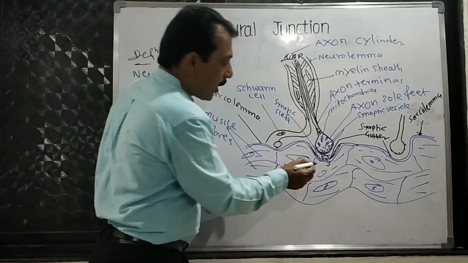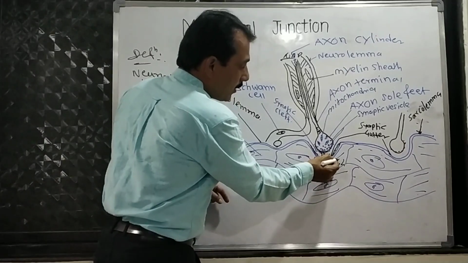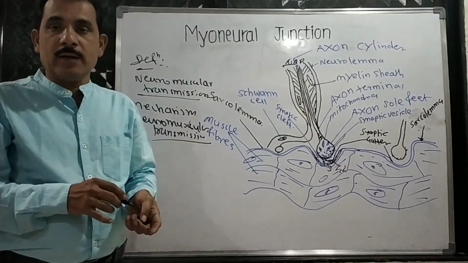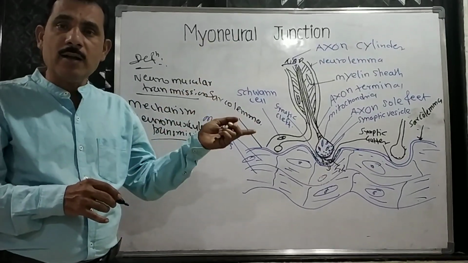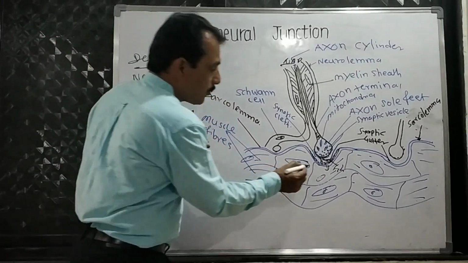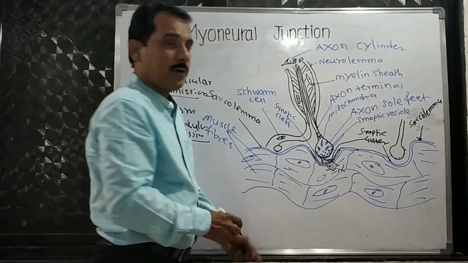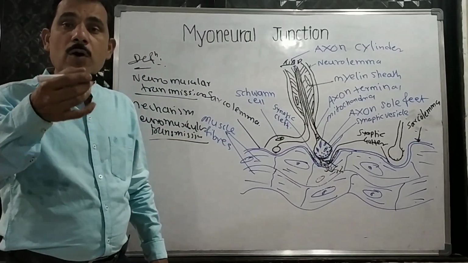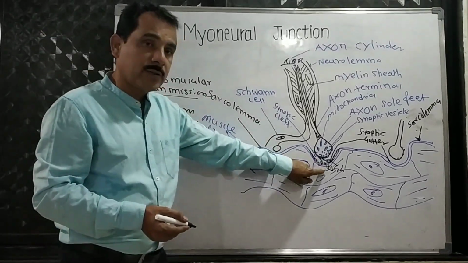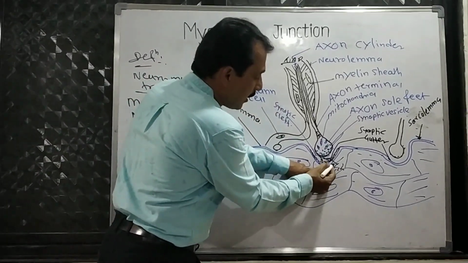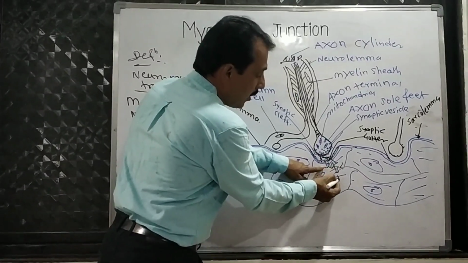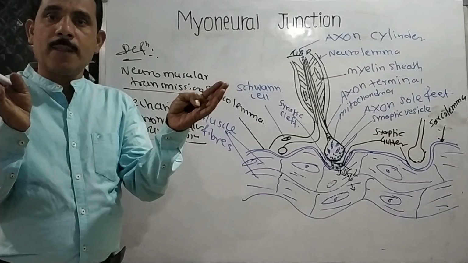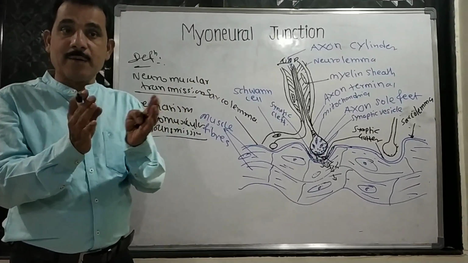After that, potassium from the sarcolemma passes into the synaptic cleft, or extracellular fluid, and the impulse gets propagated beyond the sarcolemma in the muscle fibers. The impulse is transmitted from one muscle fiber to another, and these muscle fibers start to contract after the excitation.